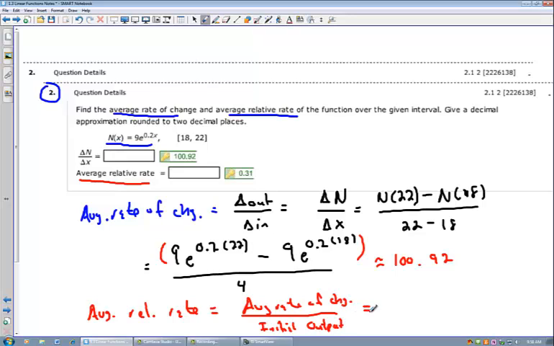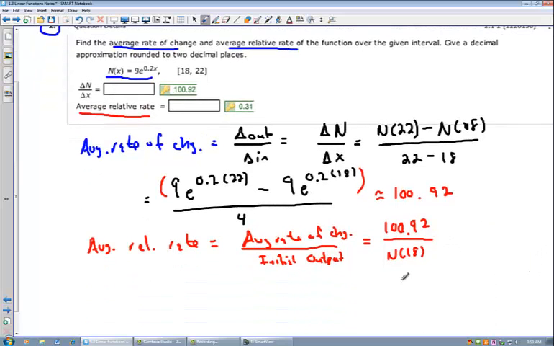So this is going to be equal to, and you can take this previous answer, 100.92, and we're going to divide it by n of, and the initial is n of 18. It goes from 18 to 22, so the initial output is n of 18.